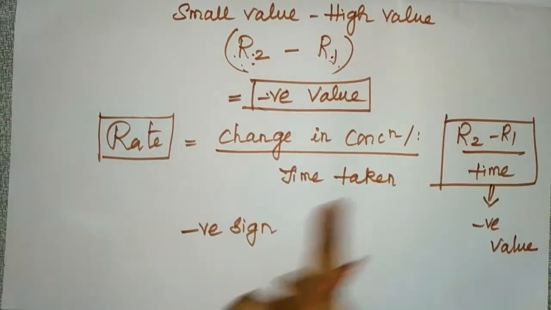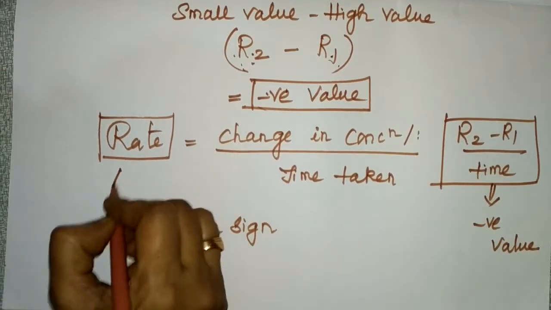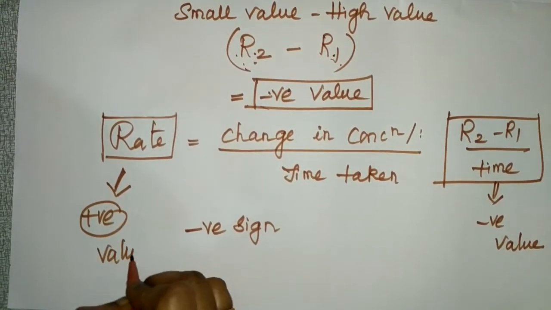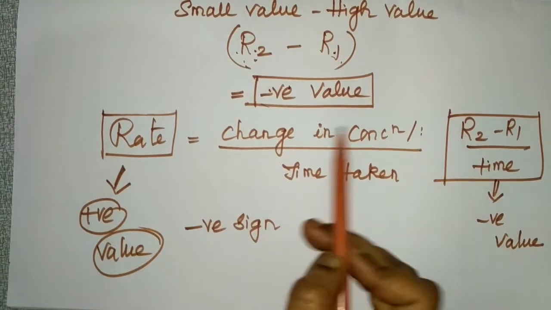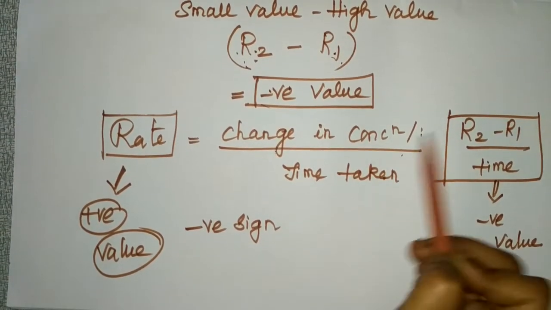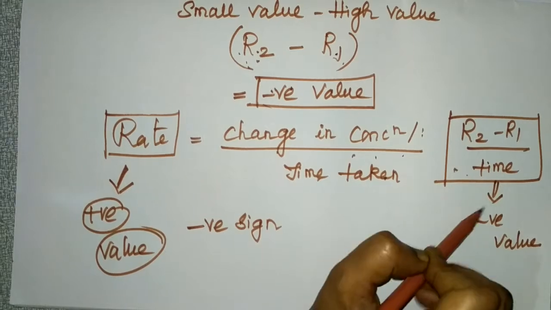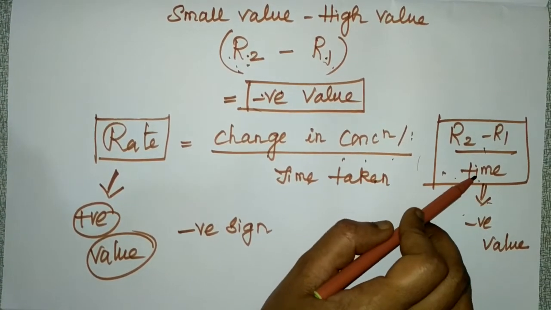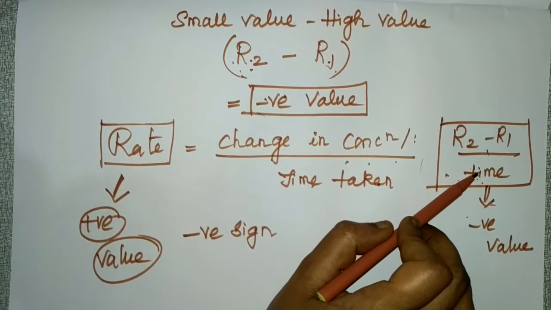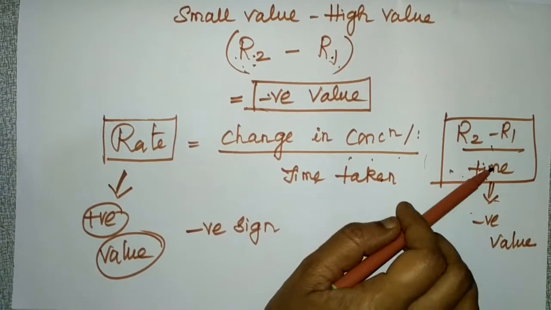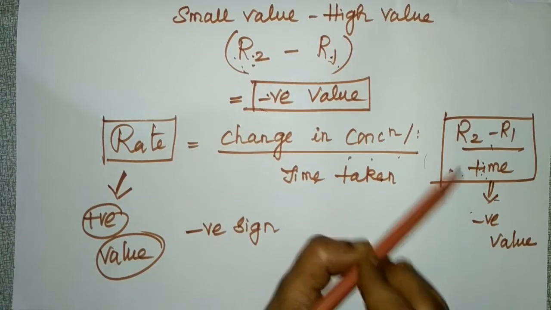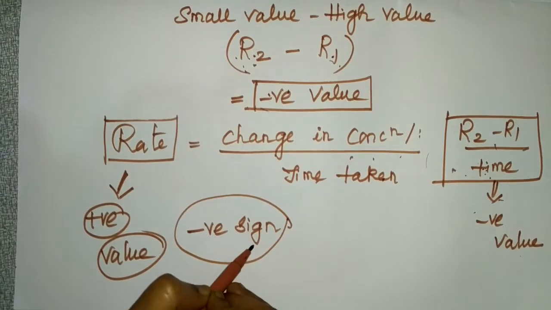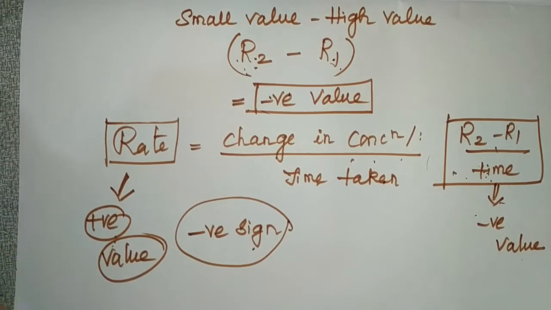Then this rate will have a positive value. Understood? So when you are talking about the rate in terms of reactants, always you have to give a negative sign, then the rate will have a positive value.